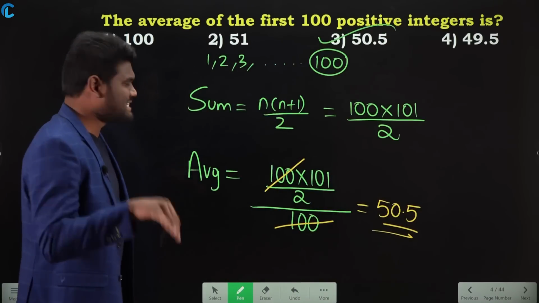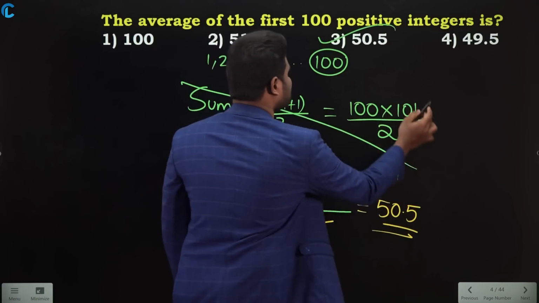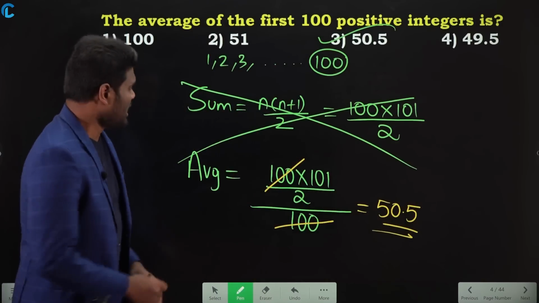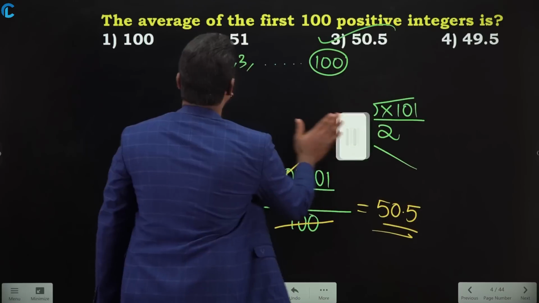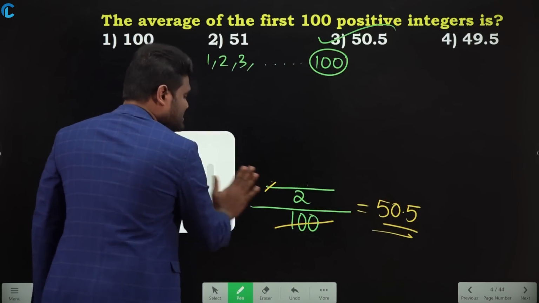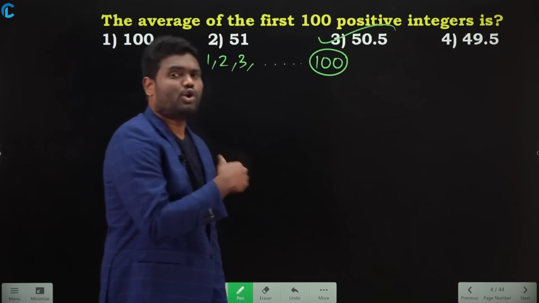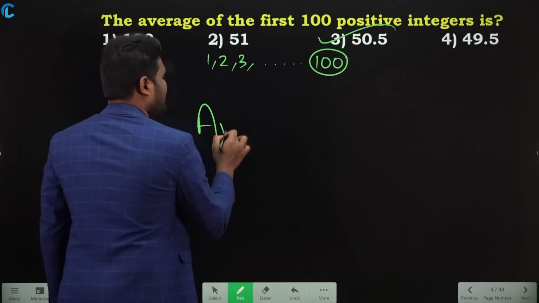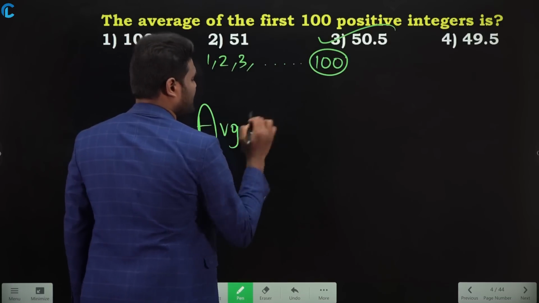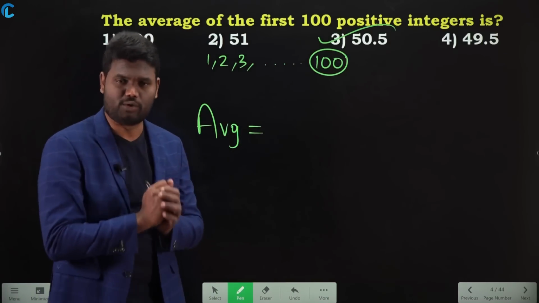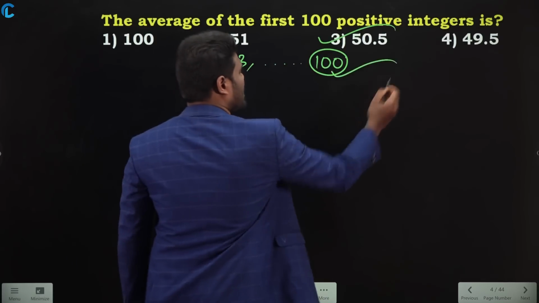But truly speaking, from an examination point of view, even this calculation is not required. You can mark this question much faster. The reason is the given series is in arithmetic progression. As the given series is in arithmetic progression, you do not need to do all this calculation. If someone asks you to calculate the average, what I have told you is highest number plus lowest number by 2. So the highest number is how much? 100.